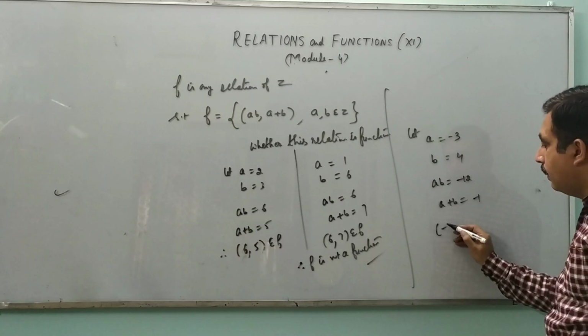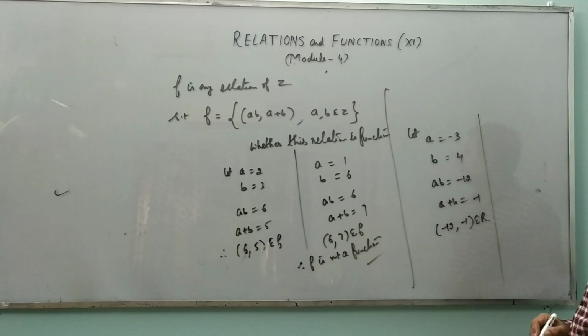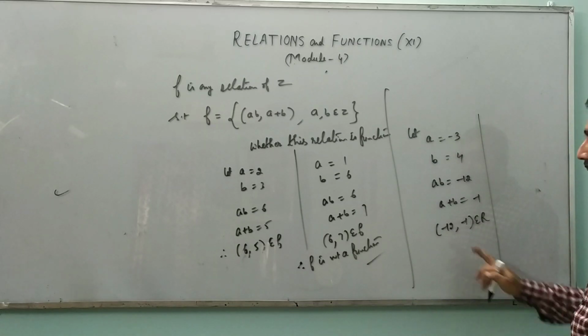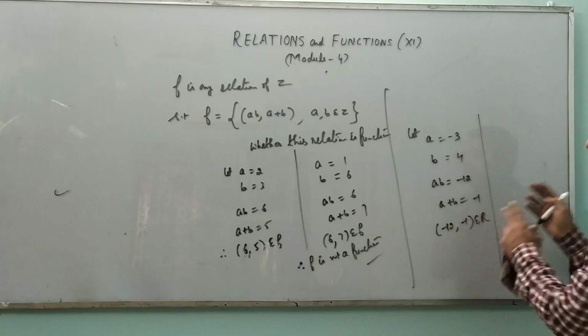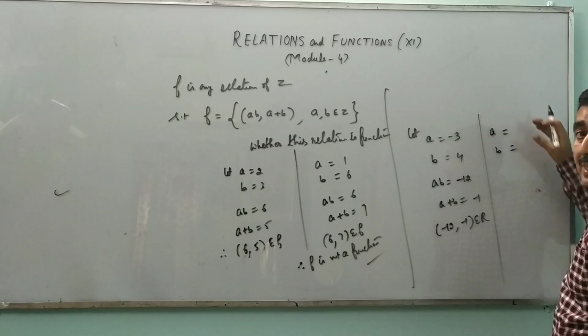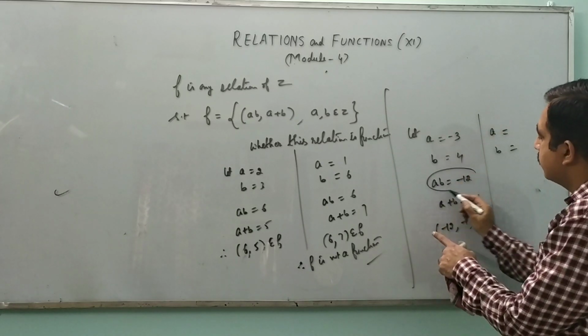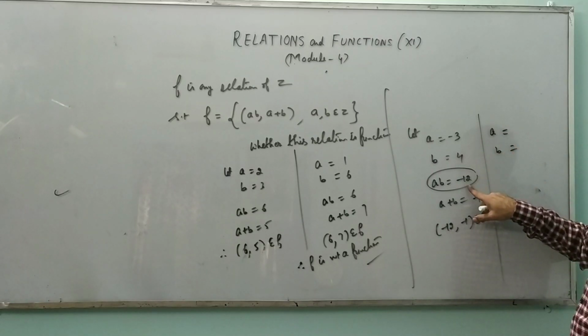Therefore (-12, 1) belongs to F. This is domain, this is range. Now take two numbers in such a way that their product is -12. Any two numbers, but the product should be the same.